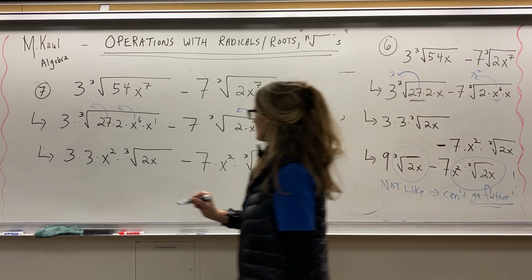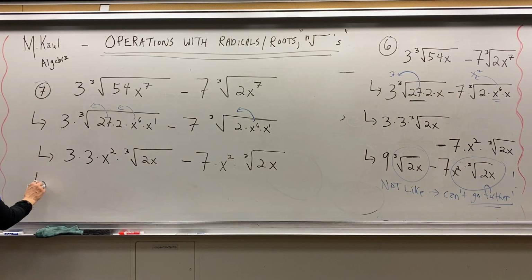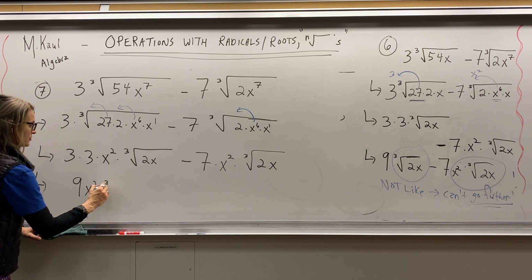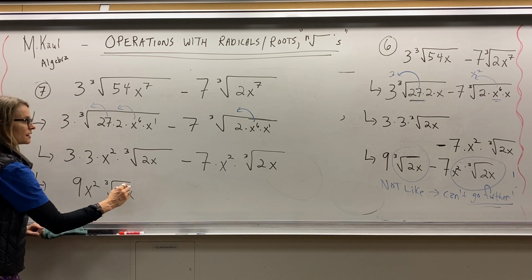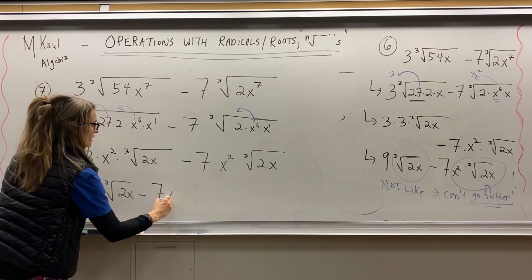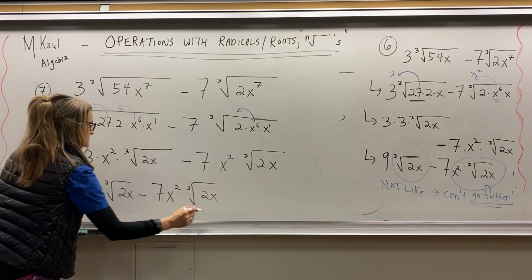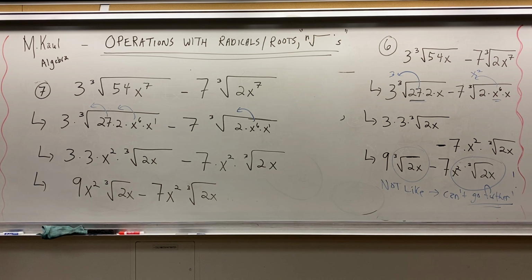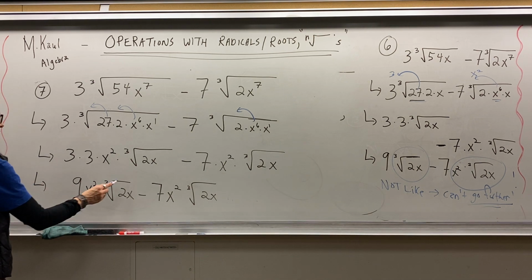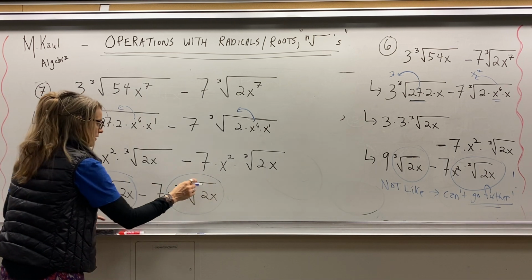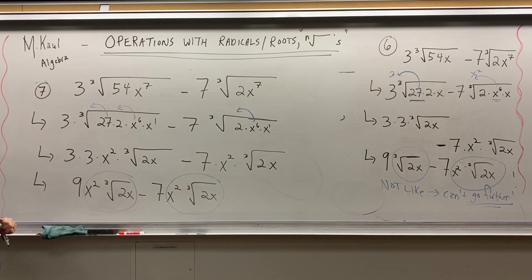Okay, let's see what we have here now. Simplifying my coefficient out in front, I have 9x squared cube root of 2x minus 7x squared cube root of 2x. Okay, so here, now I see that I've made a problem in which these two radicands are alike, but also the rest of the problem is alike.